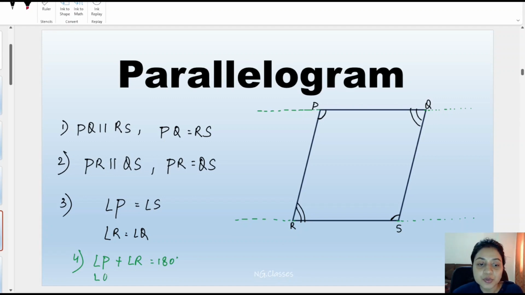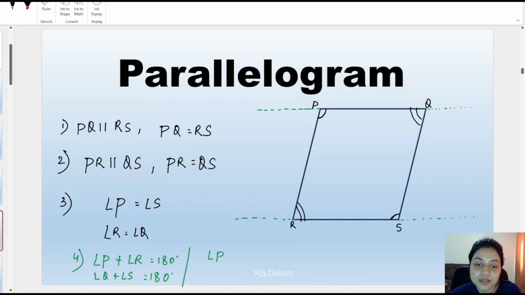Similarly, angle Q plus angle S is equal to 180 degrees. Now we have one more pair of parallel lines, that is PR is also parallel with QS. So when we extend it, we get angle P plus angle Q is equal to 180 degrees, again interior angles on the same side. Similarly, angle R plus angle S is equal to 180 degrees.